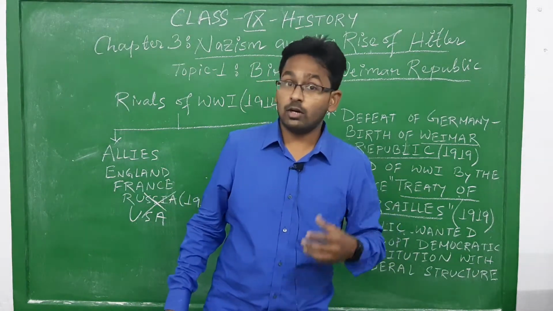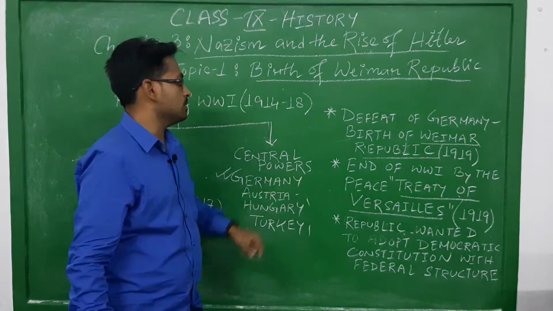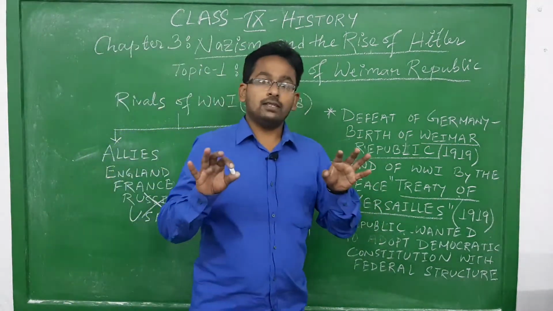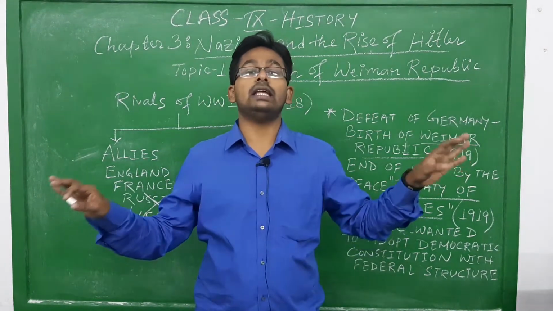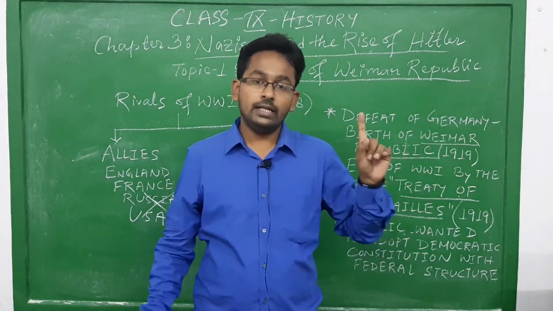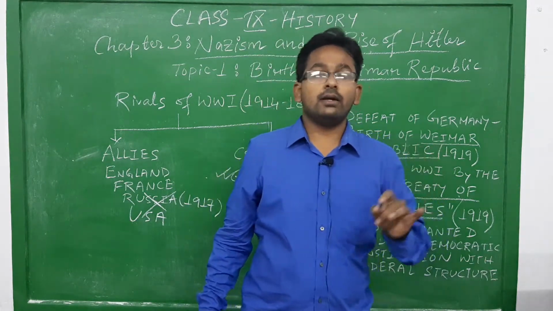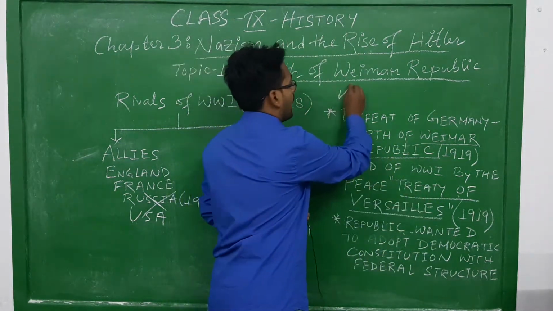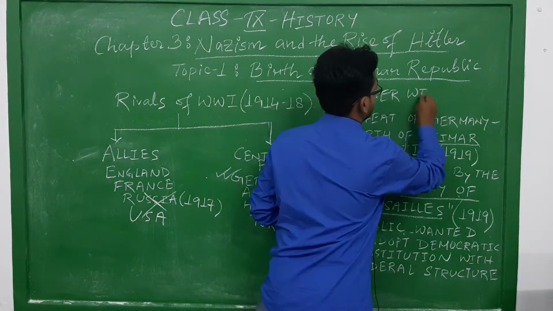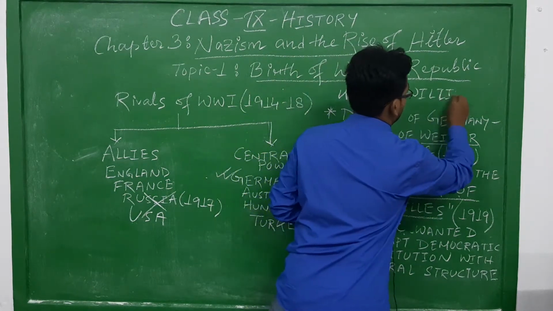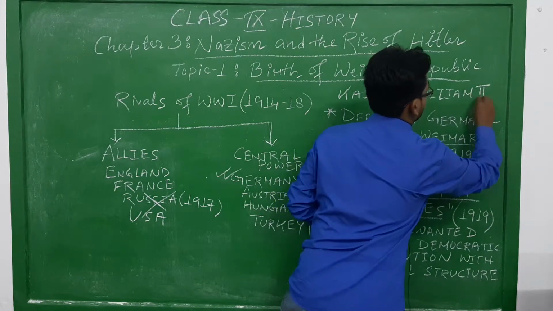So what were the changes? The first change was that after the defeat in the First World War, there was an end of Imperial Germany. During that time, Germany was ruled by Kaiser William II. Remember, it is not in your book, but I am just telling you for your general knowledge.